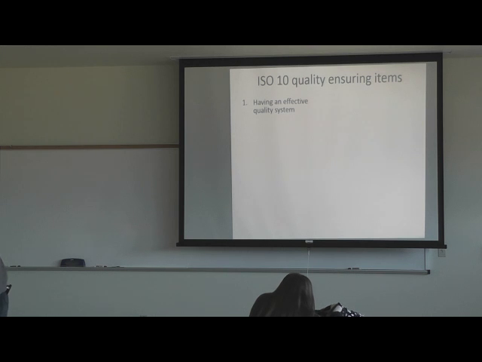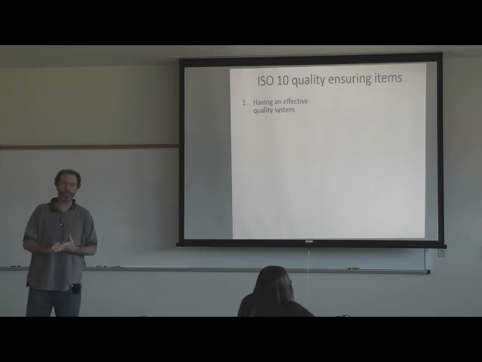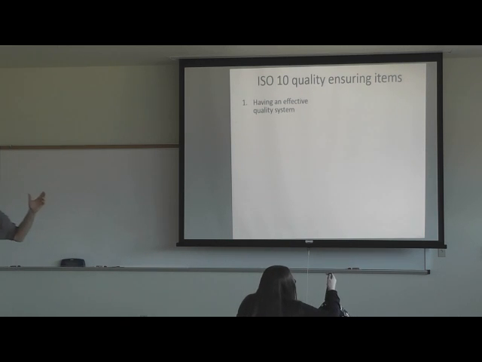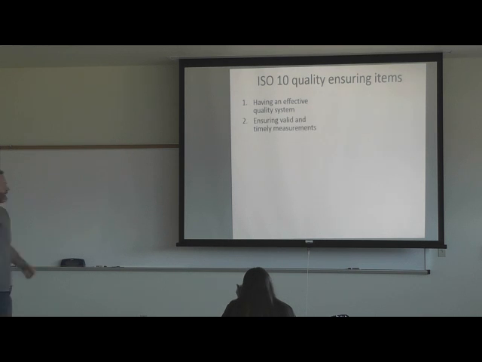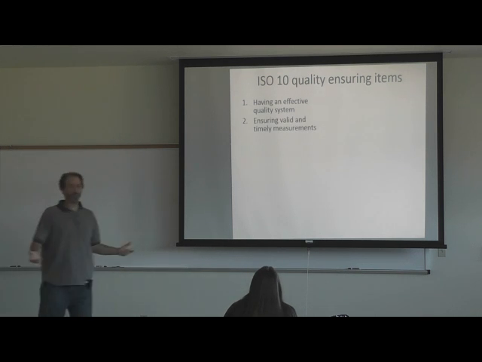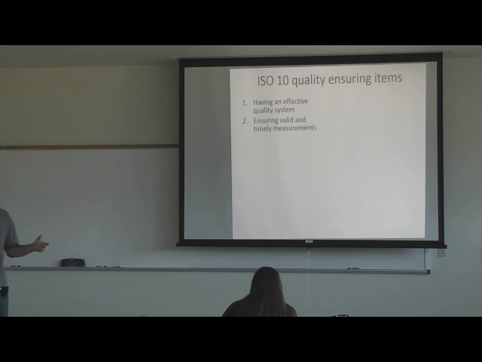Quality systems typically fall under categories like good clinical practices, good laboratory practices, and good manufacturing practices. So you want to make sure all your equipment has good maintenance. Ensuring valid and timely measurements: when you do the periodic checks, they're valid and periodic, right?